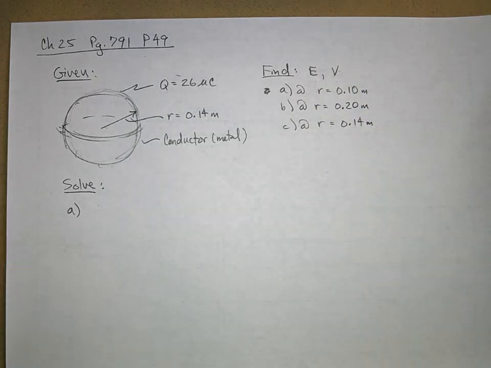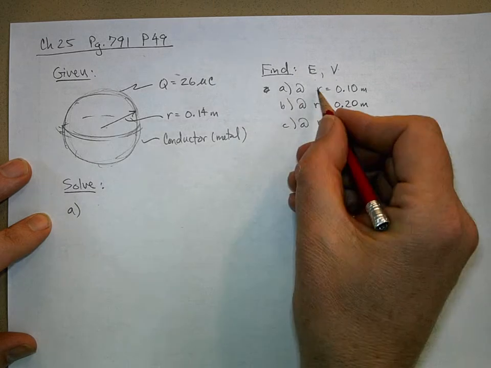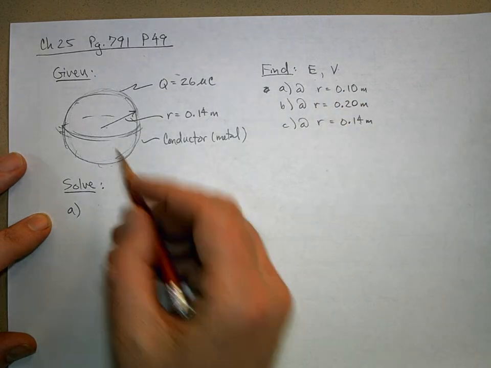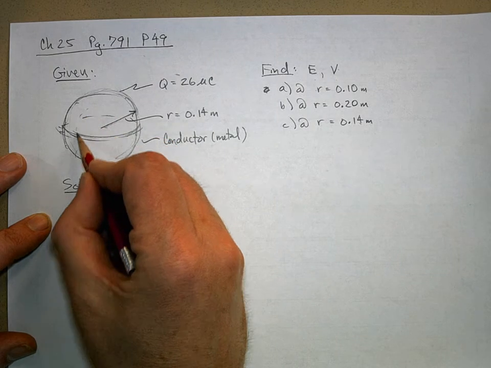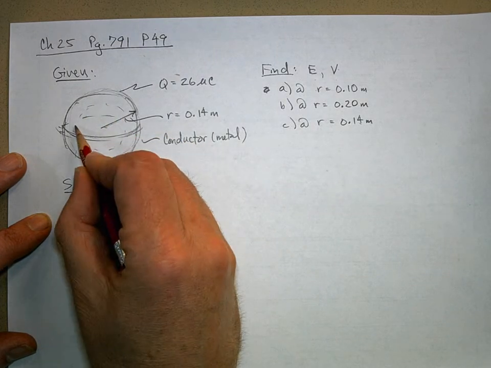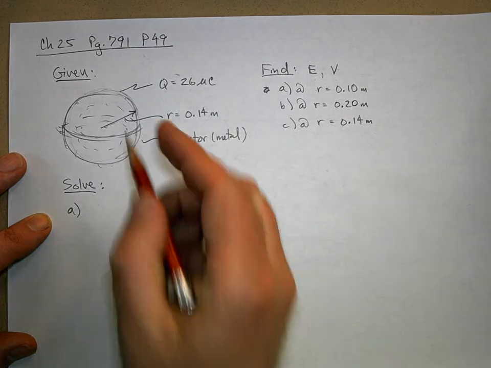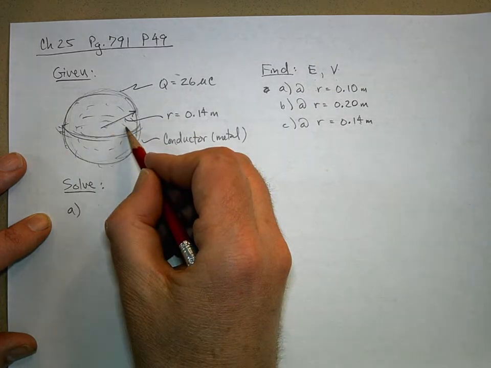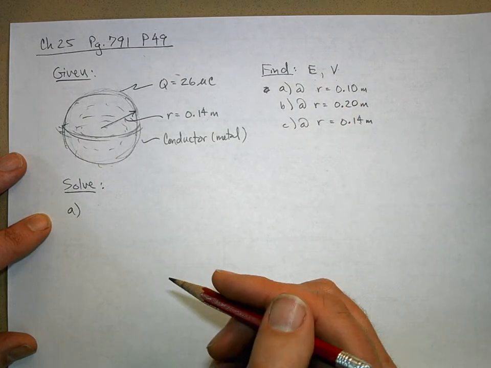And part A is the most interesting one. This is really important. I'd like everyone to pay attention to this. E at R equals 10 centimeters is pretty easy. If I put a Gaussian surface, this is 14 centimeters, so 10 would be right around in here, inside the sphere. And you go, oh, there is no charge inside my Gaussian surface. And it's a conducting sphere anyway, so you can't have an electric field in there.